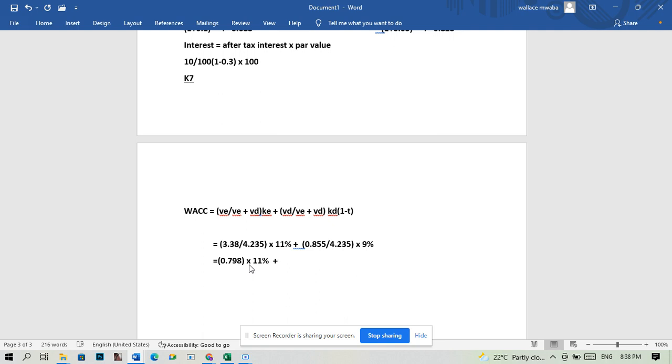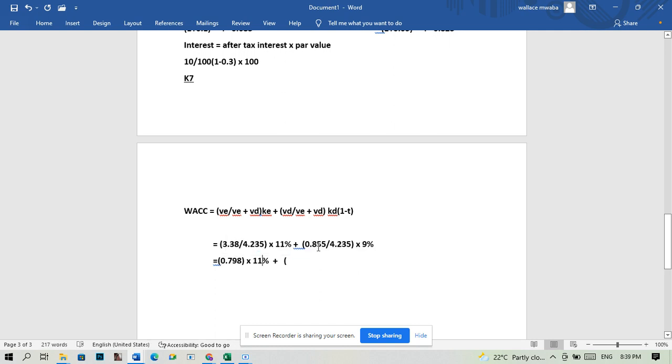It's 8.679? When we multiply 0.798 times 11. Let's not go there first. We're doing it by steps. So before we go there, just hold on. But this figure is correct, the 0.798, right?